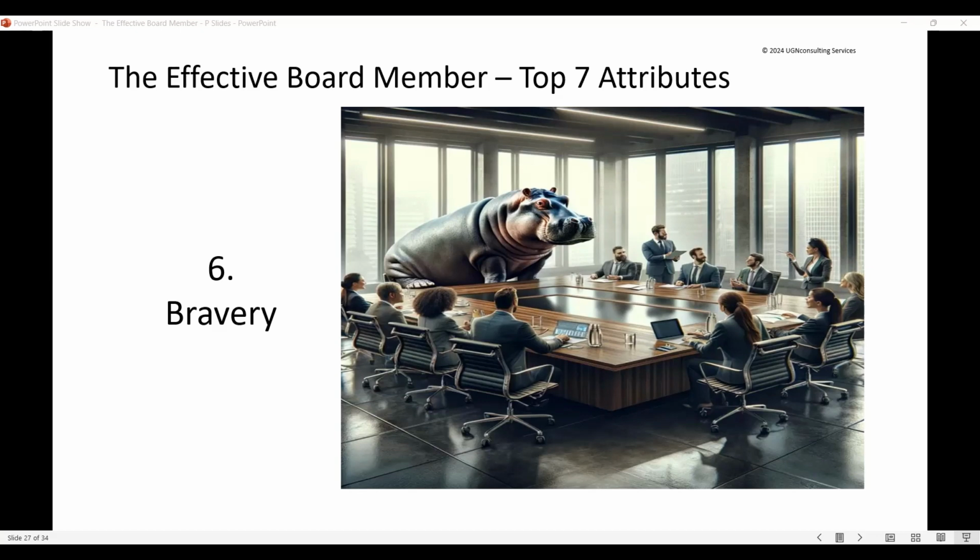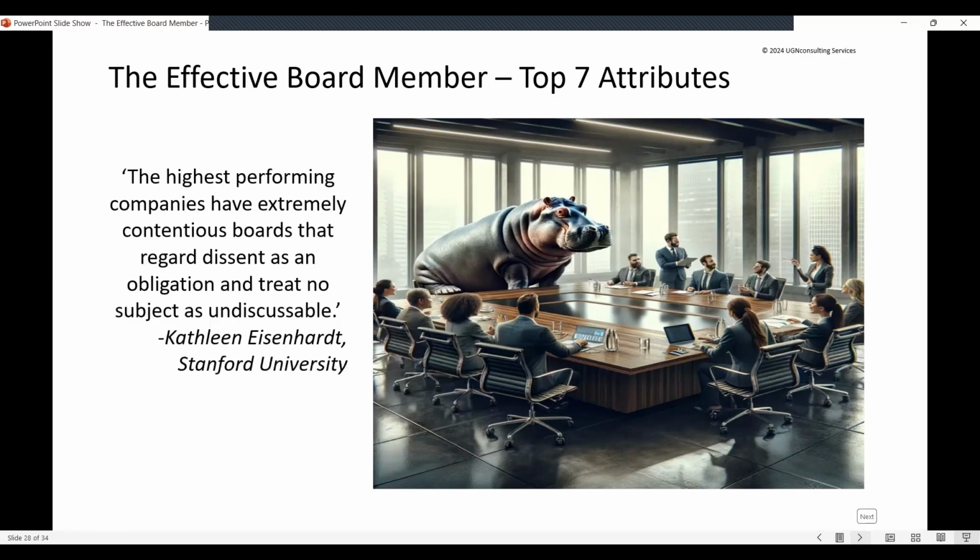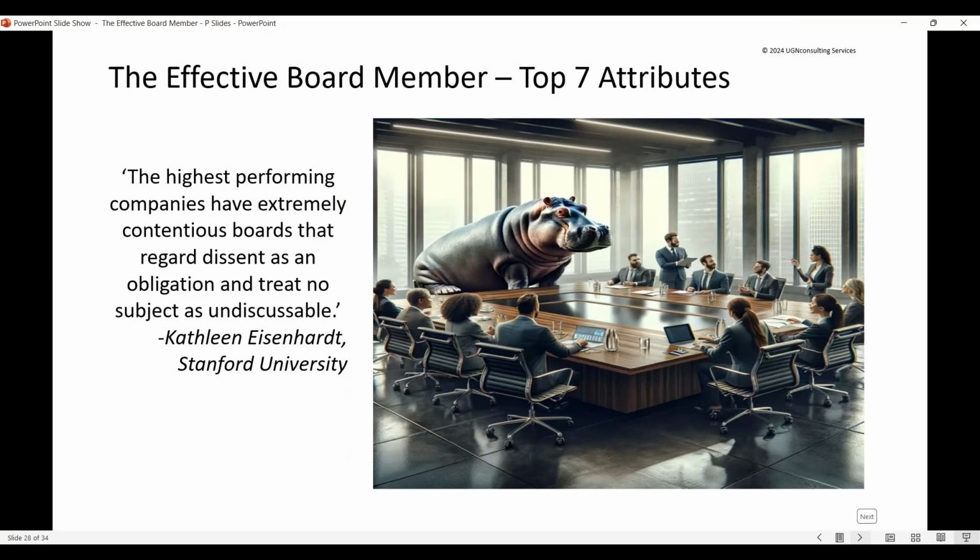Like Kathleen also said, I like to finish the quote of Professor Kathleen. She said the highest performing companies have extremely contentious boards that regard dissent as an obligation and treat no subject as undiscussable. So that shows bravery. No subject is undiscussable.